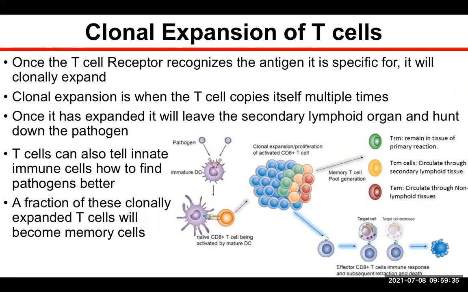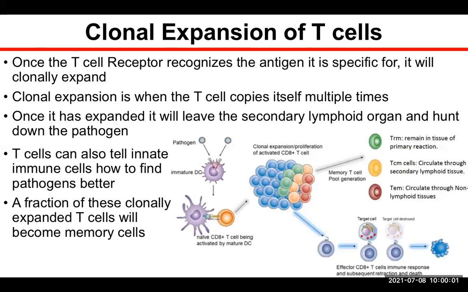So there's a couple of other signals that the T cell needs to get activated, which I'm not going to quiz you on or get into depth because I feel like it's beyond the scope of this class. But what you need to understand is once this interaction begins, the T cell is going to undergo something called clonal expansion. And clonal expansion is just that one T cell making many copies of itself.